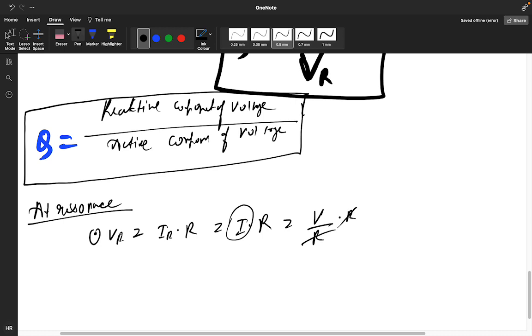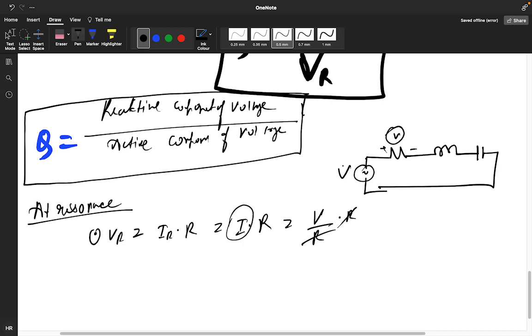So at resonance, if you have R, L and C and some particular voltage V, the same voltage will come across the resistor, because the R gets cancelled out.